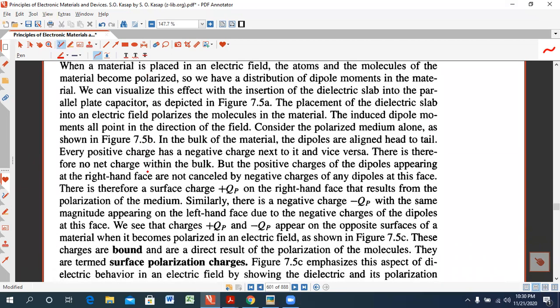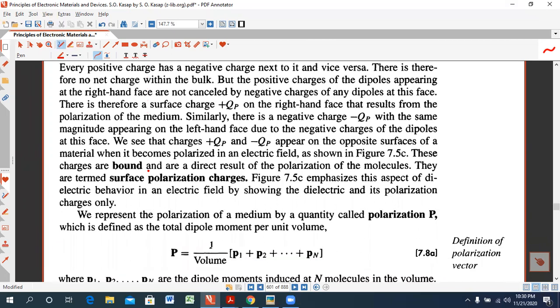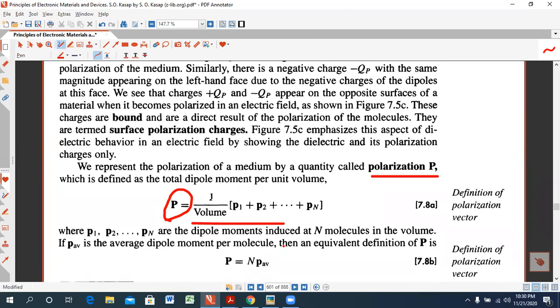I think all of you are clear about this polarization. Now if the total unit volume is V, and the polarizations for each atom, that means if there are n number of charges, then we can find the polarization P equals all the polarizations divided by the volume, and this is known as the polarization vector.